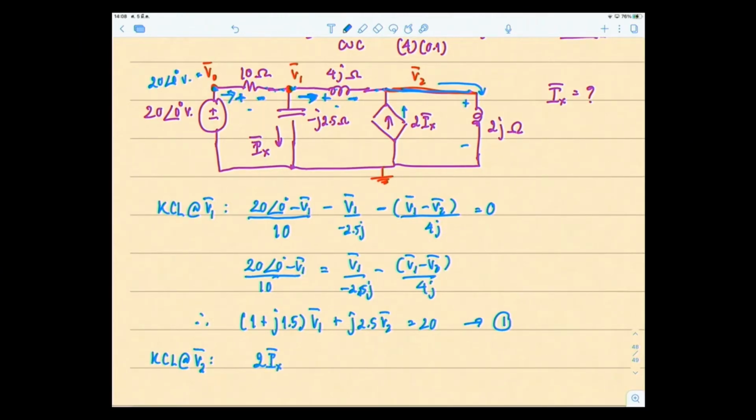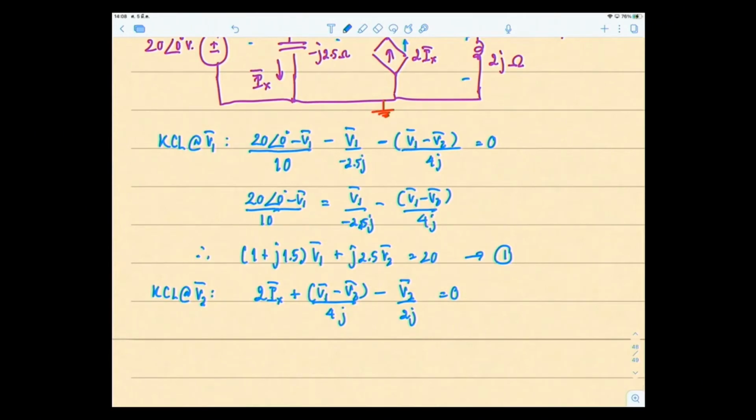And this current going in also, so it's plus (V1 minus V2) over 4j. And minus this current that is leaving, which is the current passing through the 2j, so it's simply V2 over 2j, equal to 0.